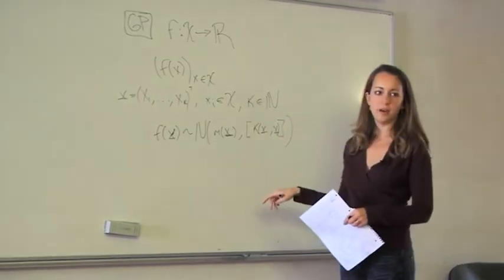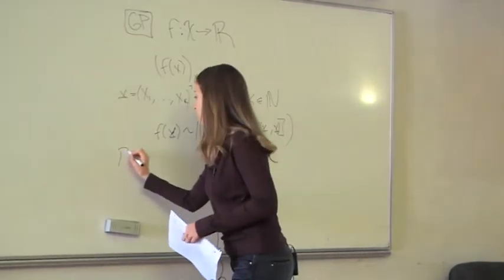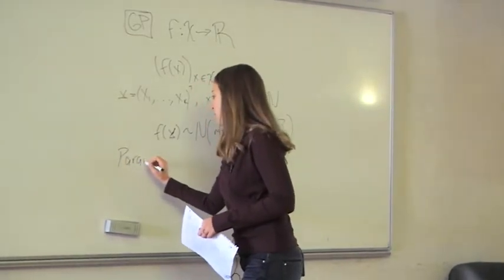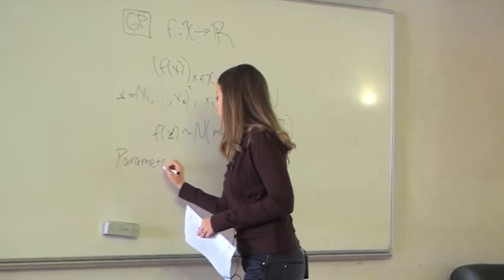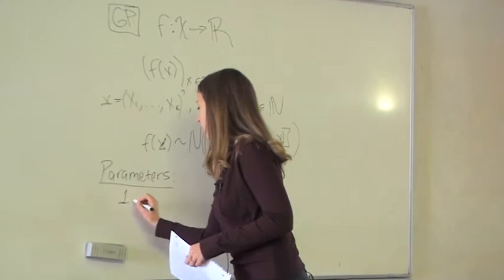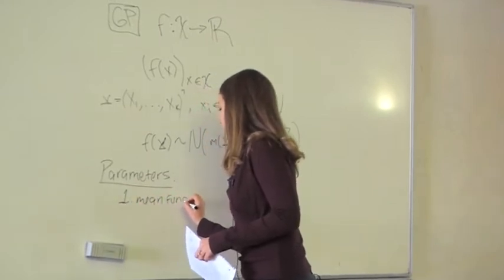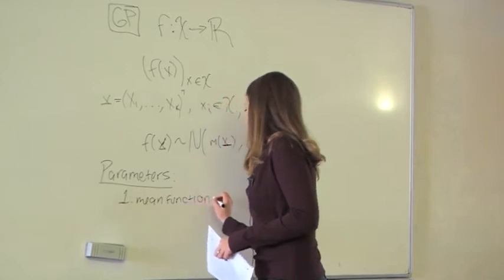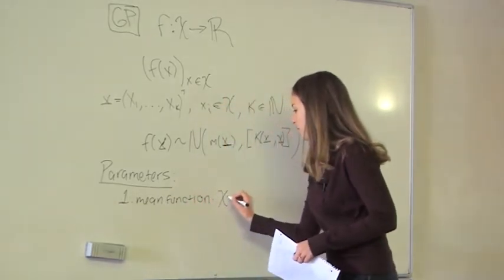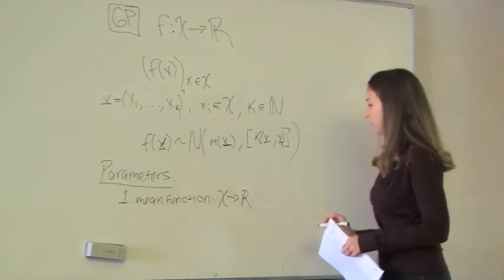So the parameters of the Gaussian process are the mean function, which is a function from our input space x to the real line.